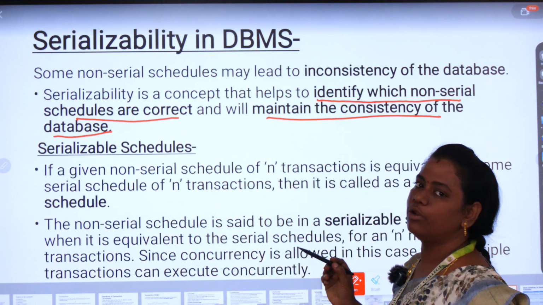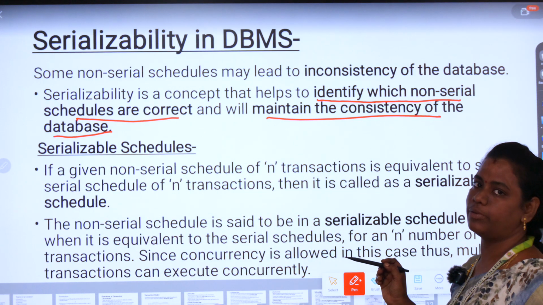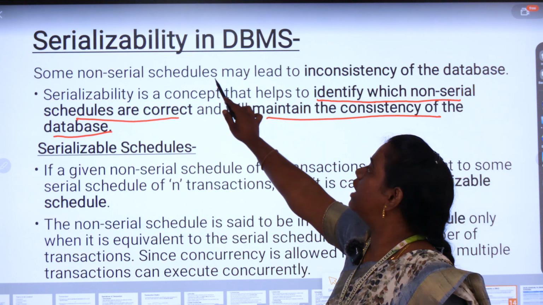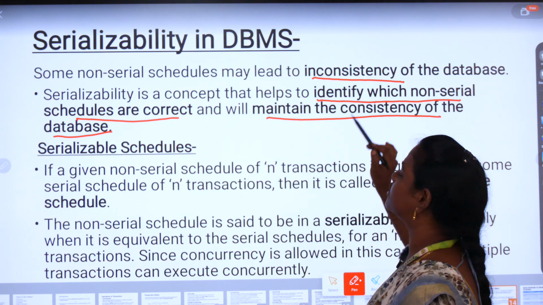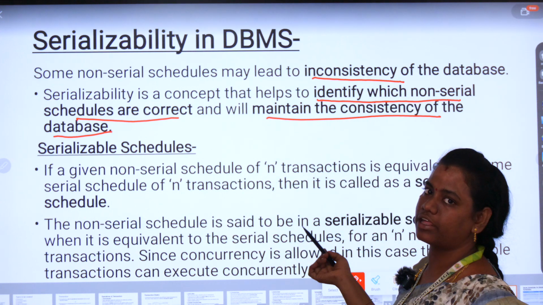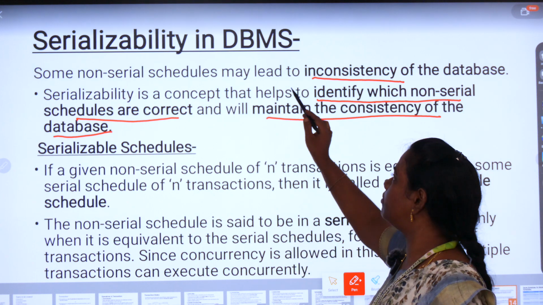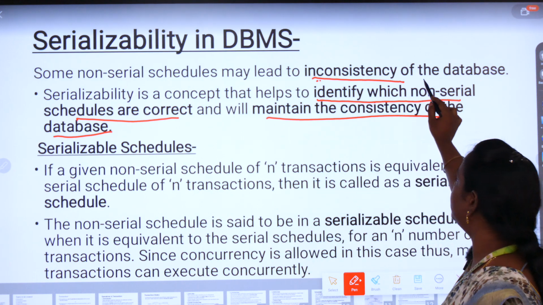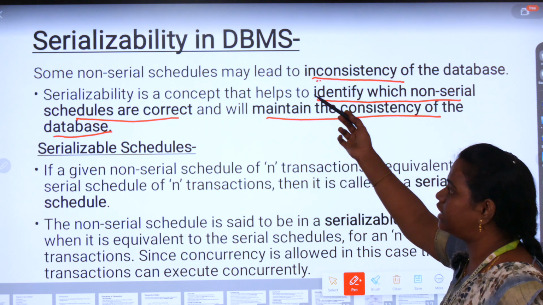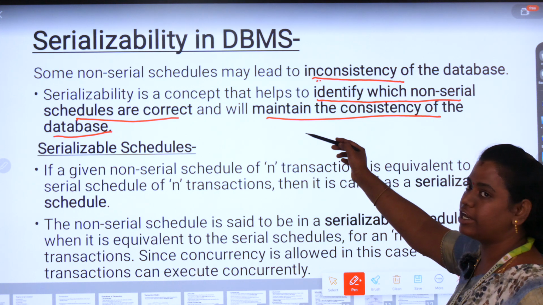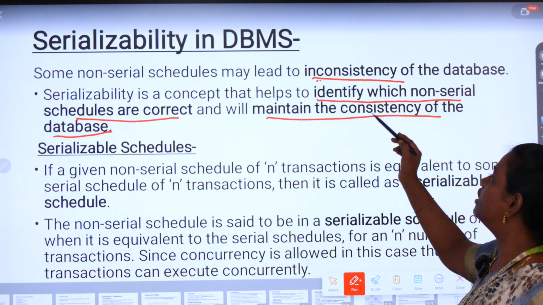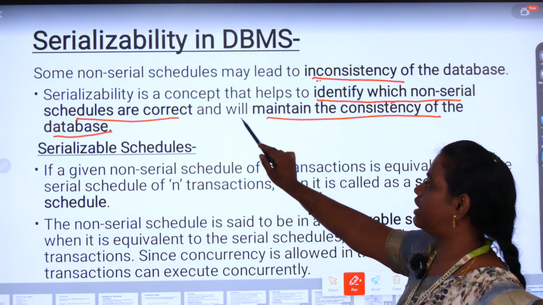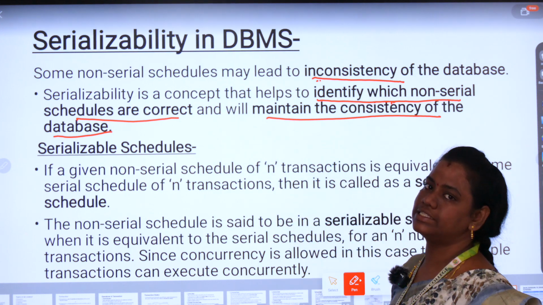This is the main use of the serializability concept, because a non-serial schedule may lead to inconsistency of the database. In the previous example I explained, the non-serial schedule may have an inconsistency in the database. So when we use the serializability concept, we identify which non-serial schedule is correct and will maintain the consistency.